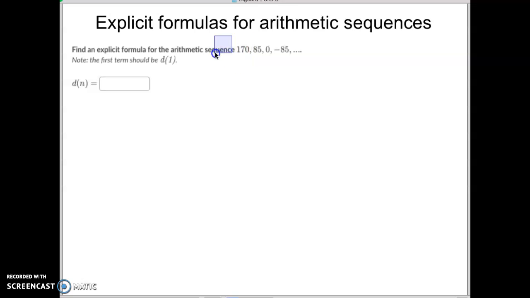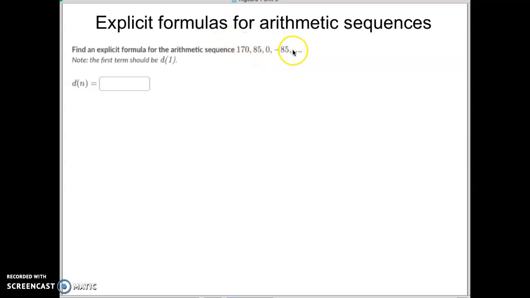So your 0th term would be this side of it, and you'd have to back it up to get there. So if you think about this, knowing that going from here to here and here to here, it went down 85 each time. If it goes down 85 each time as we work to the right, backing it up one spot, it would go up 85, and our 0th term would be 255.